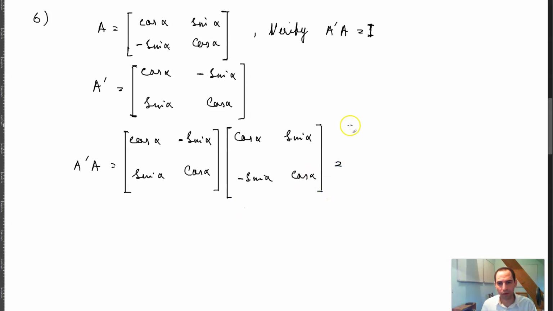So this row, this column, I'll have cos squared alpha plus sin squared alpha. This row, this column, you have cos alpha sin alpha minus sin alpha cos alpha.